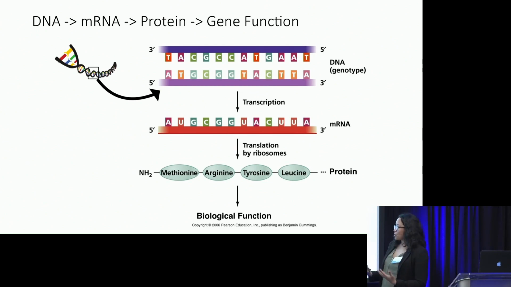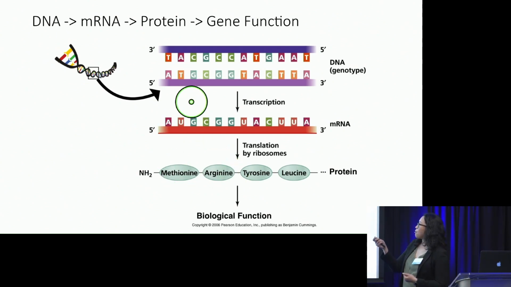So before I go into how we think about treating these types of cancers, I just want to go through the central dogma of molecular biology and what we do with that information of a gene mutation. If some of you remember, the central dogma of molecular biology is DNA goes to mRNA that then gets translated into protein, and the proteins usually are the things that perform the functions in your cells.